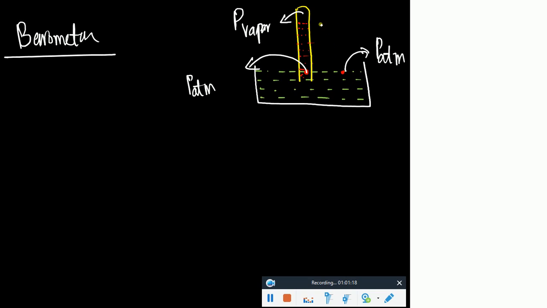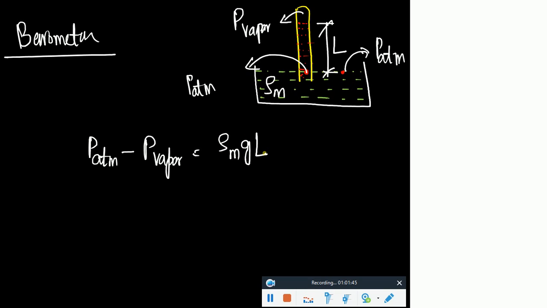So I would say that this is basically vapor pressure, that pressure which is being exerted on that fluid body inside that tube by those vapors. So obviously this length would be equal to L, let's say. So if the density of this fluid body is rho m, what would be the difference between P atmosphere and P vapor? Right, something a function of that height, and what that function is, that is rho m gL.